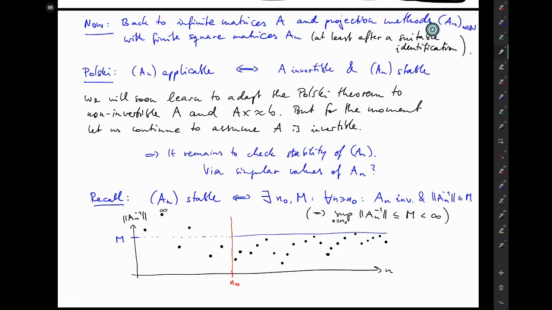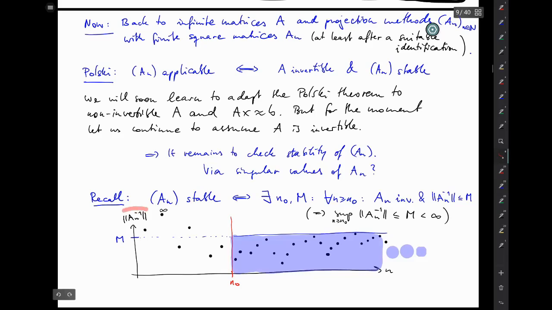Okay, so this is all fine as long as the graph behind n0 stays in this box. That is, of course, unbounded to the right.